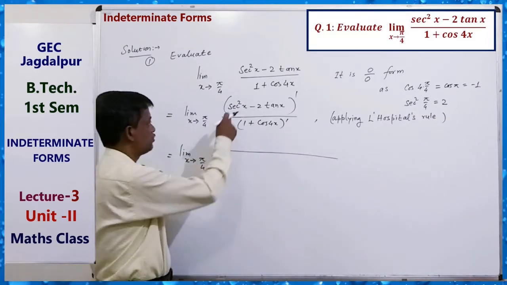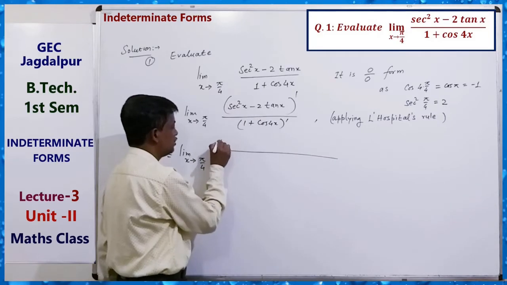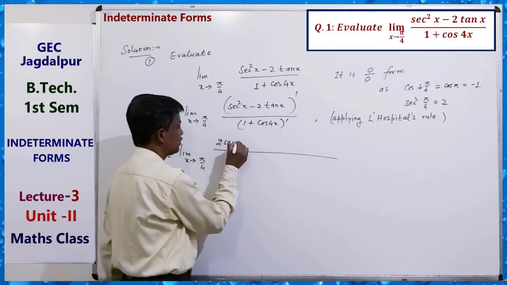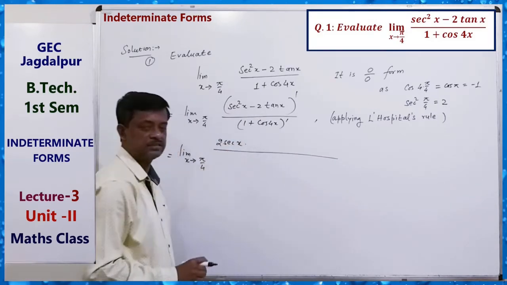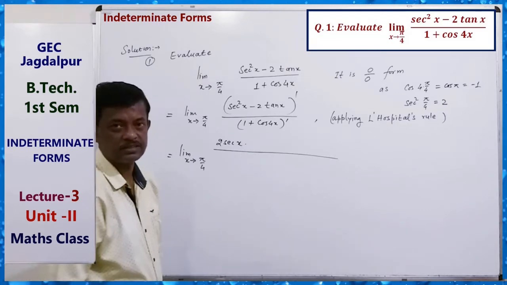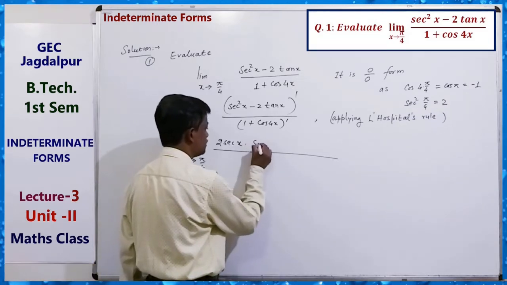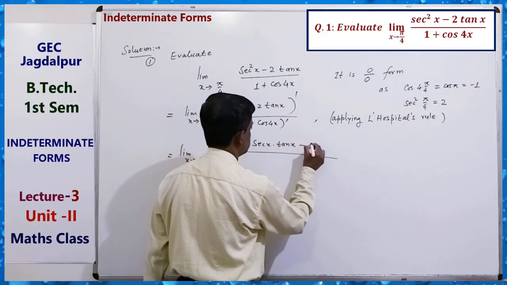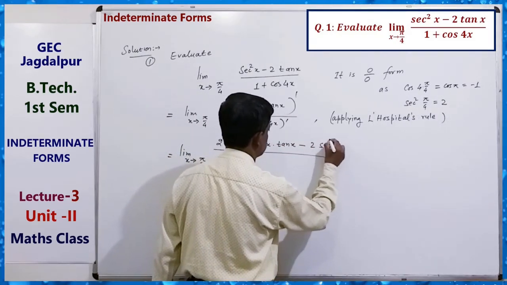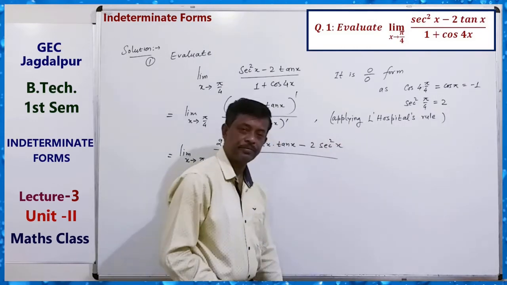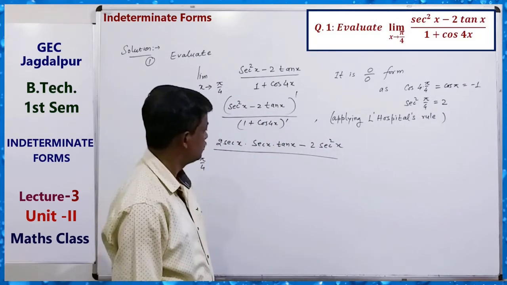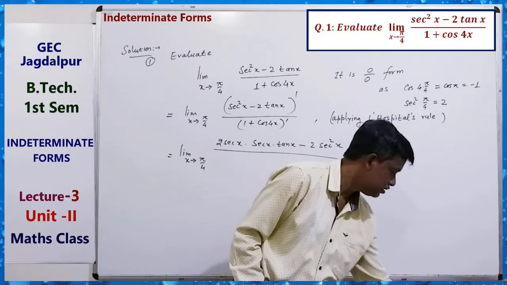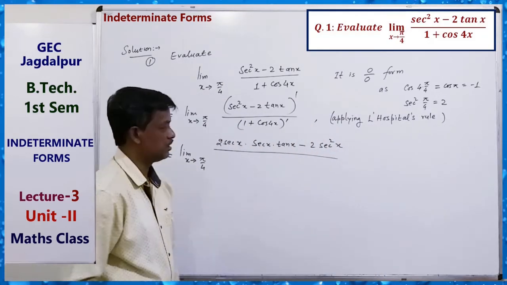Differentiate total. So first, x sec square x plus 2 sec x into sec x. Differentiation of sec x tan x: sec x tan x minus 2 sec square x, minus 2 tan square x upon.